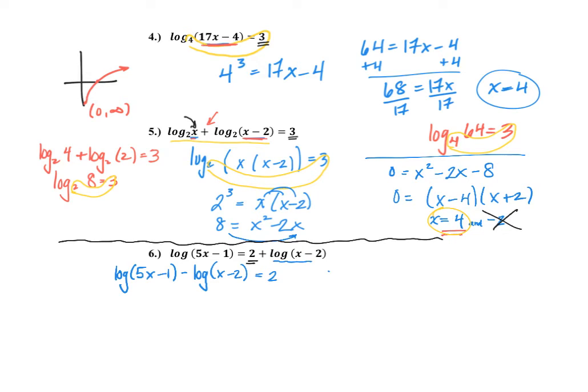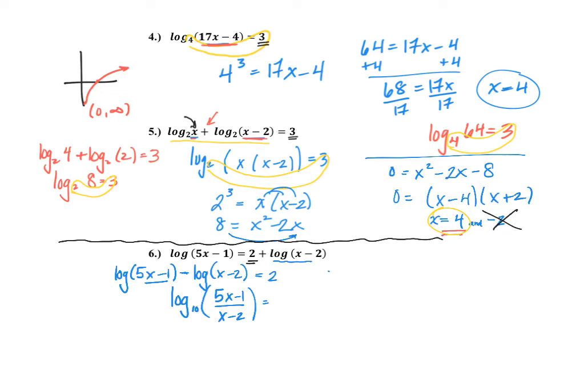To write that as a single log, since these are subtracted, it's a difference of logs, I'm going to use division. Now, if you'd like to write the base 10, you can. If you don't, then leave it out. The first argument, that 5x minus 1, that's going to go in the numerator. And the second argument, that x minus 2, is going to go in the denominator.